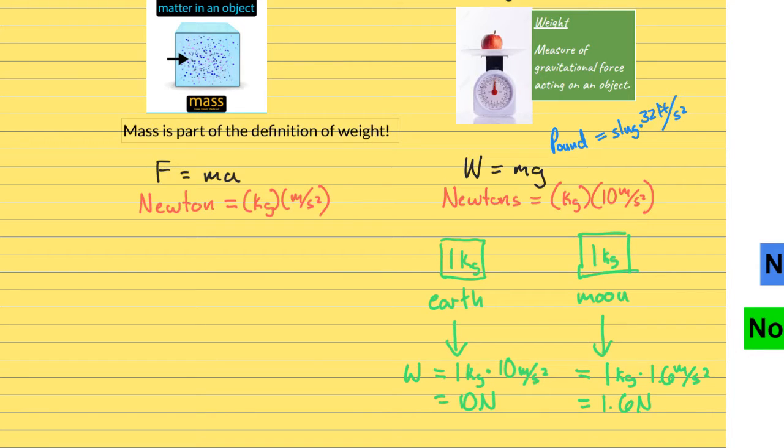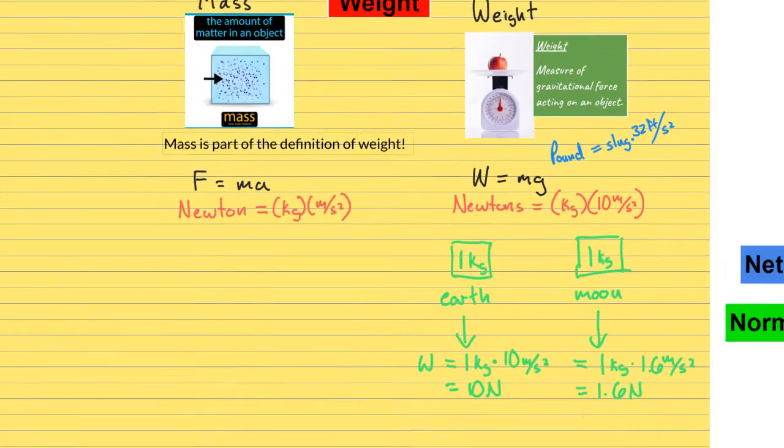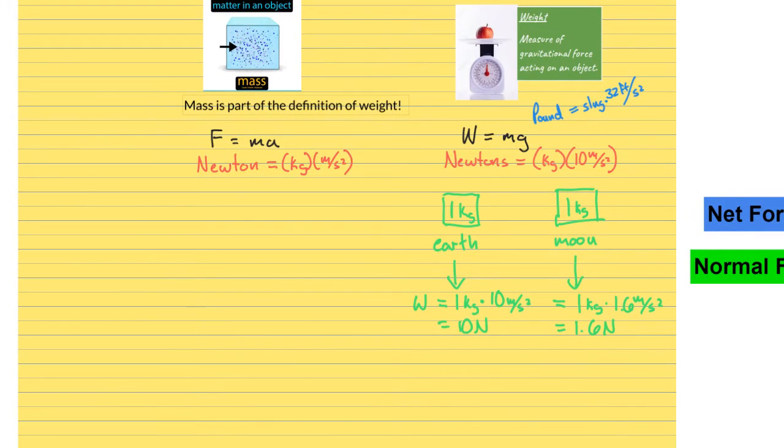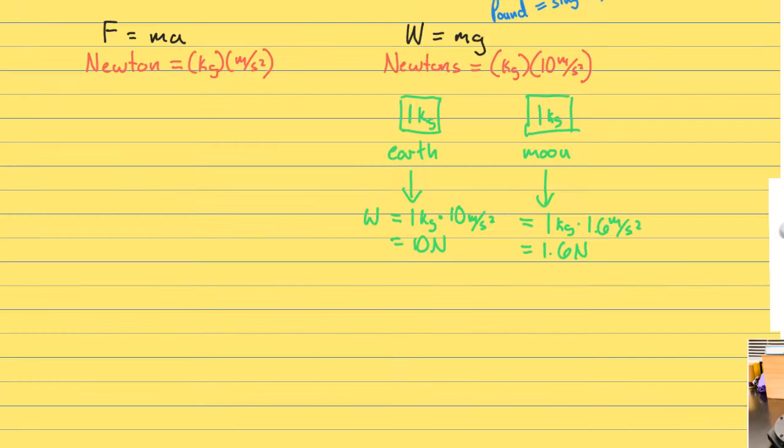So we can see a big difference when we change the acceleration of gravity, and that becomes a little more clear. Now, how can we make a distinction for mass then? How do we know how much stuff is in something if we can't figure it out by weighing it?